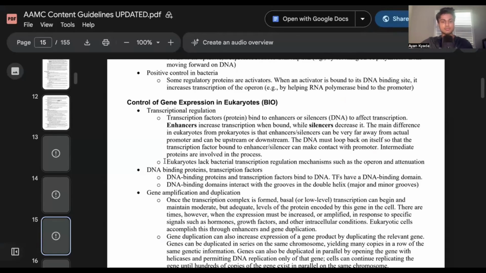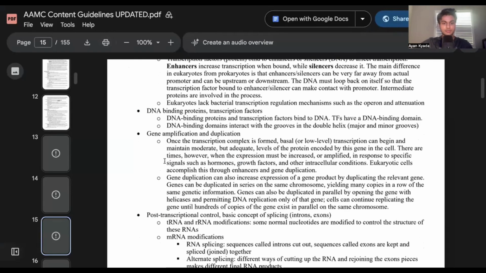Now, in addition to enhancers, we could also do something known as gene duplication, and that involves just making numerous copies of the gene of interest. So when we need high levels of a specific protein that a gene encodes, what we can do is massively increase or amplify expression by just copying the gene sequence of interest.